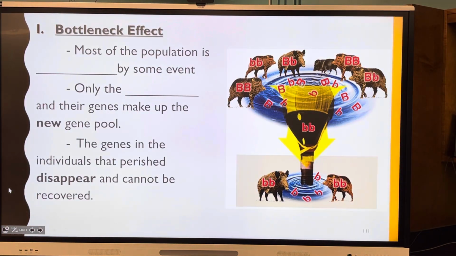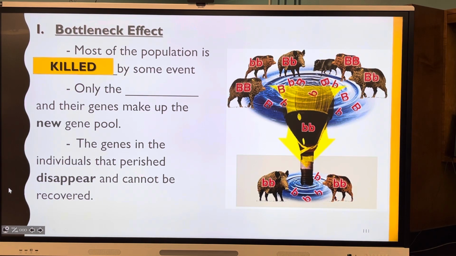Okay, so the bottleneck effect. It sounds funny when you say it fast. Most of the population is killed by some event. I don't know, a cold snap, tsunami, a virus, a bacterial infection, a warm snap, a drought, any number of things, okay?